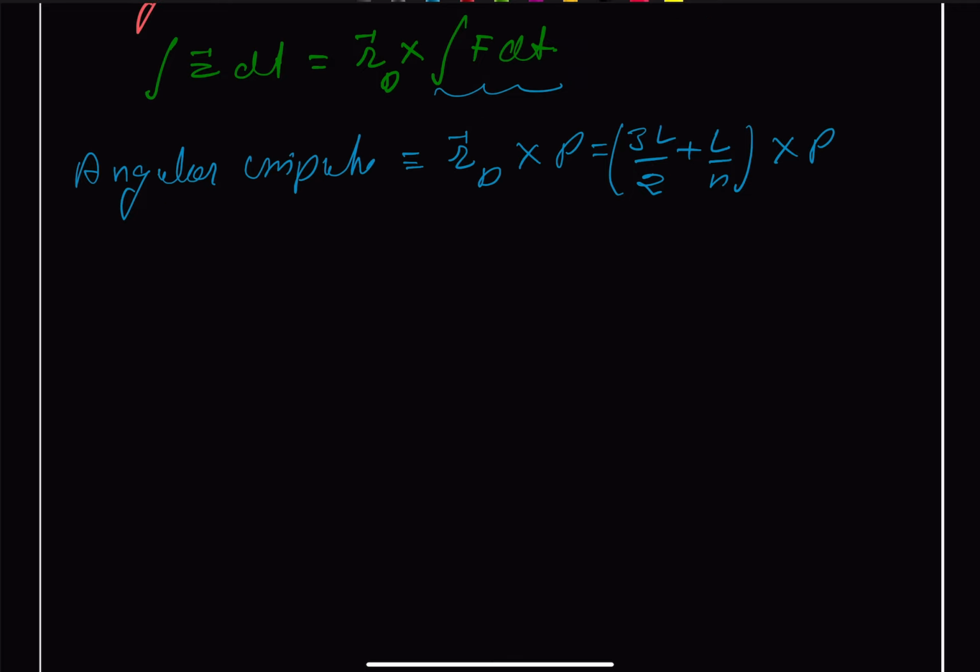Therefore, this delta L will be equal to 3L upon 2 plus L by N times P.